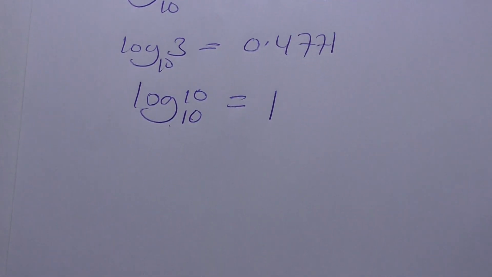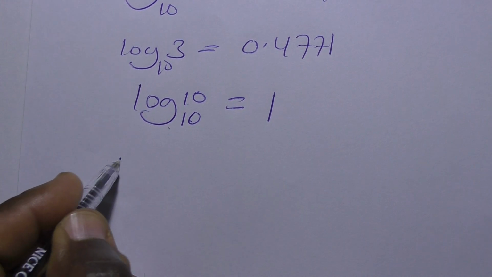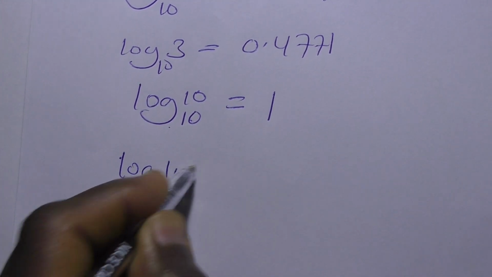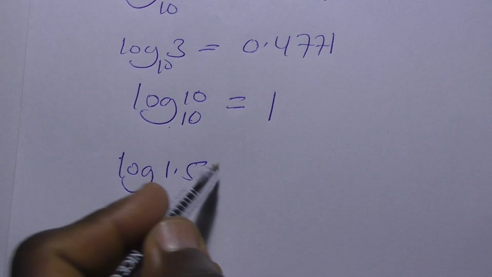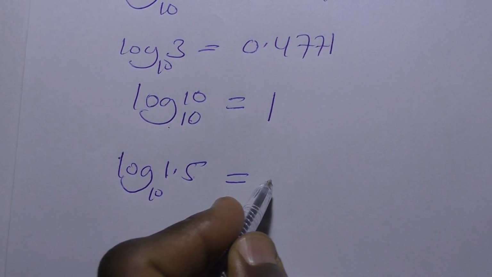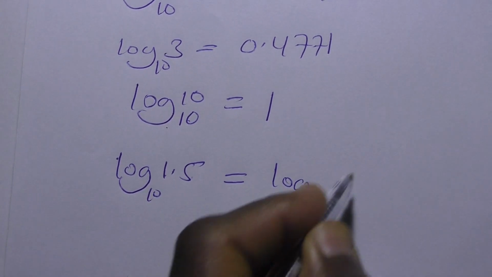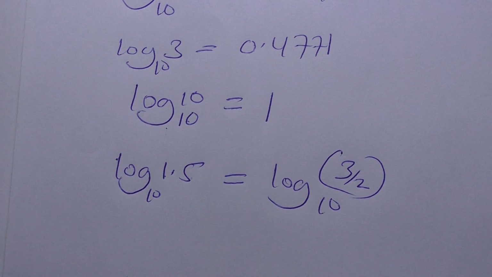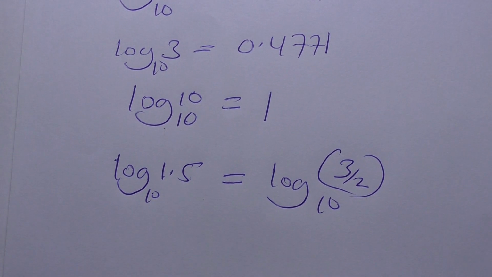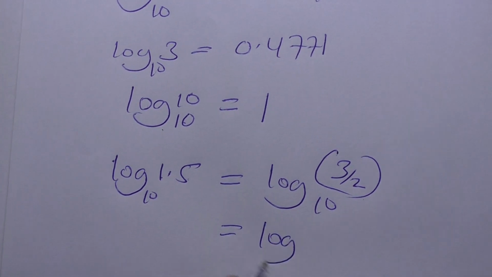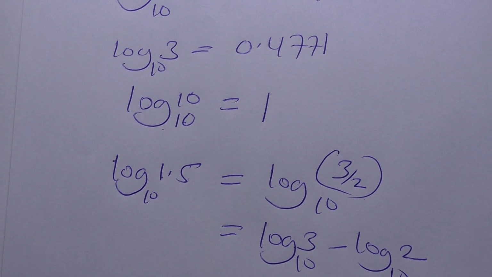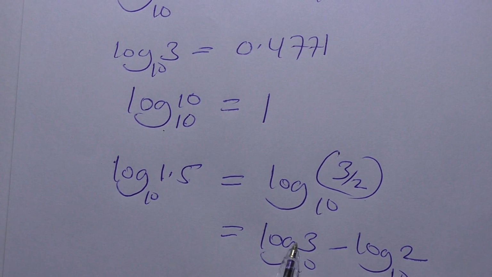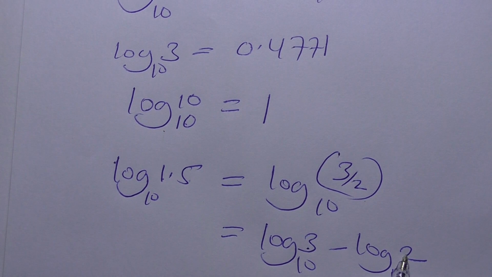So in this case they want us to find the log of 1.5 base 10. 1.5 is got by dividing 3 by 2. So 3 by 2 is what gives us 1.5, and therefore this is the same as log 3 minus log 2, since we divide the first by the second when subtracting.